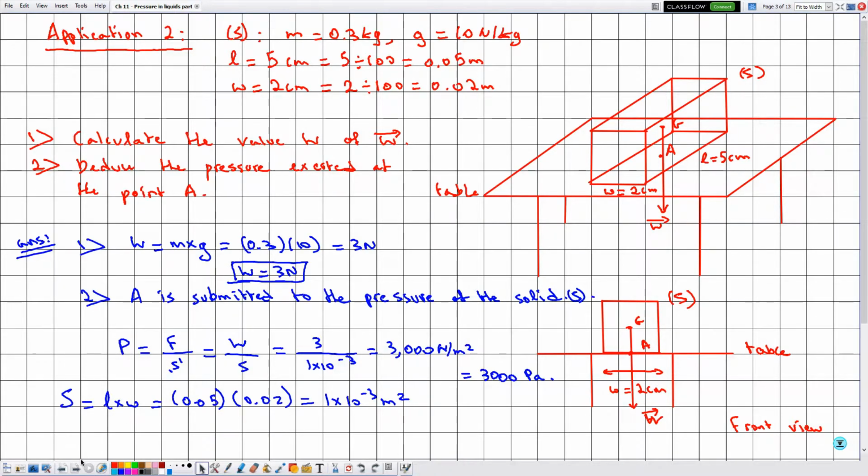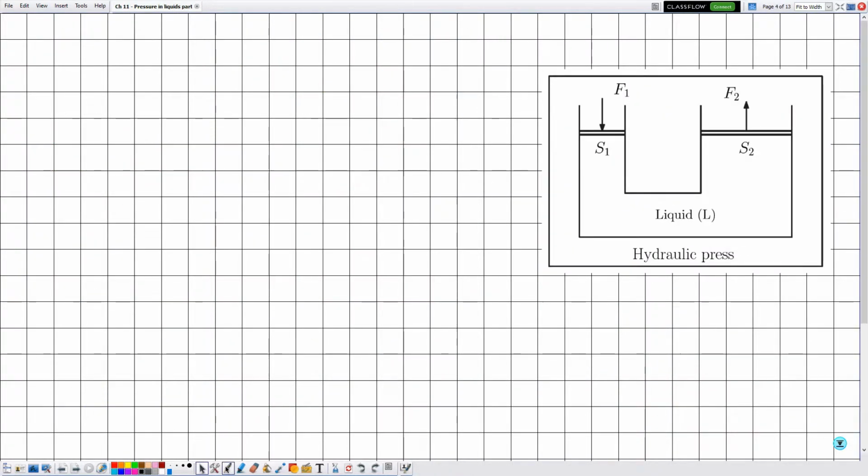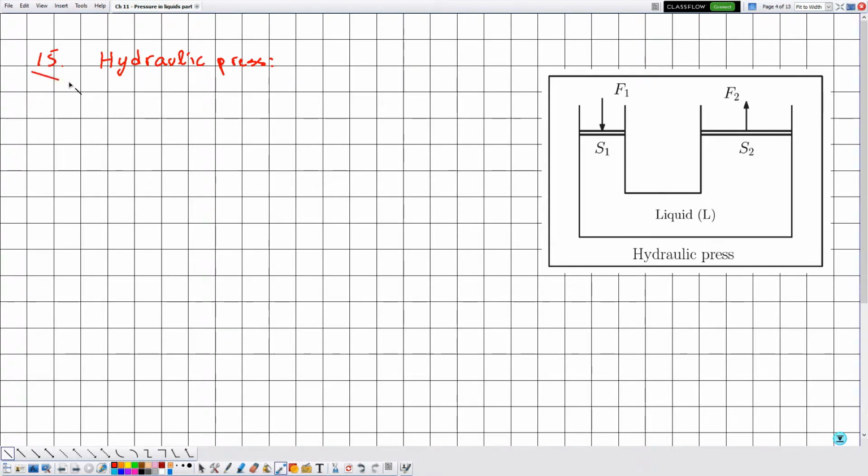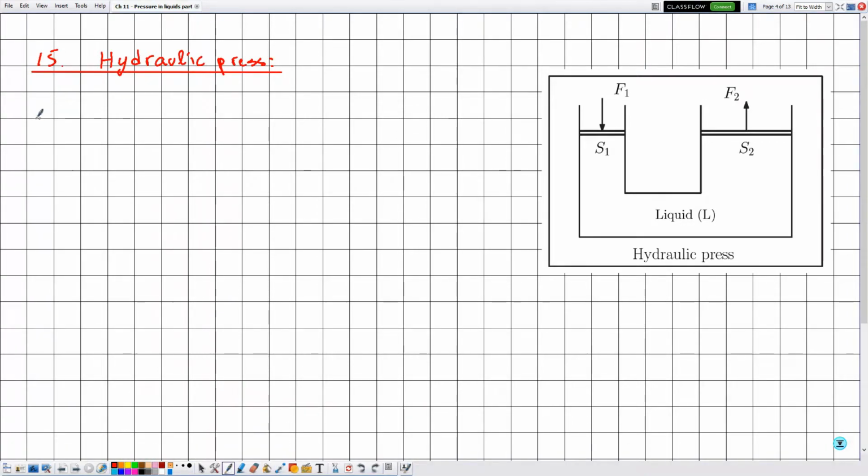And now let's move to the next section, which is an application on Pascal's theorem. The title of this section is the hydraulic press. Then section number 15, hydraulic press. Statement number 1. What is the hydraulic press?